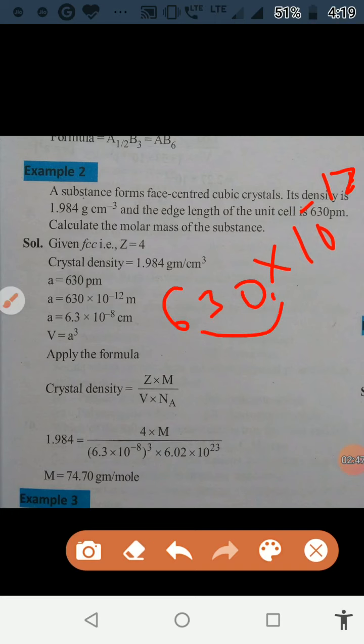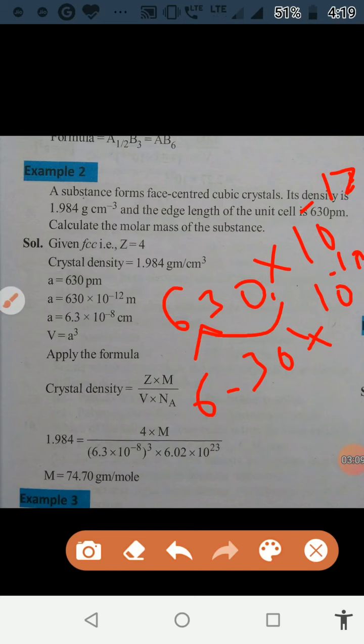If we move this decimal point back, we can write 6.30. The number of digits we have moved is 2. Therefore, it can be written as 6.3 into 10 to the power of minus 10.